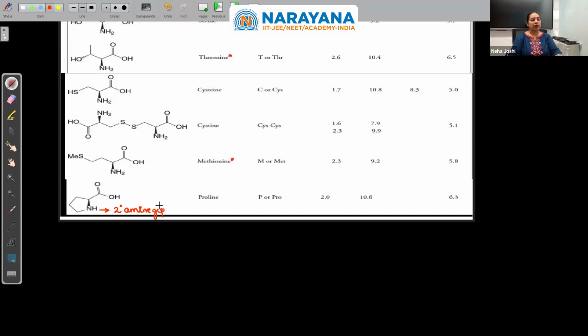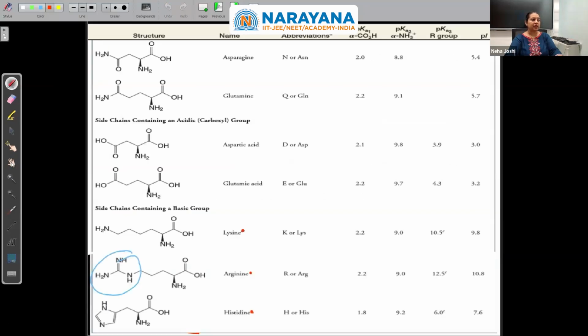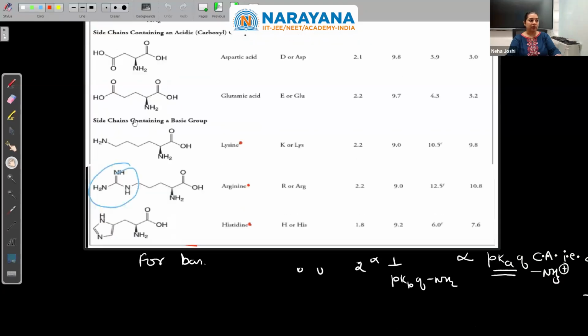All others have a primary amine group at this alpha center. Here comes asparagine. Before that I want to go to aspartic acid. It is CH2COOH. Glutamic acid, CH2CH2COOH. If you take amides of these two, aspartic acid amide is asparagine, glutamic acid amide is glutamine.